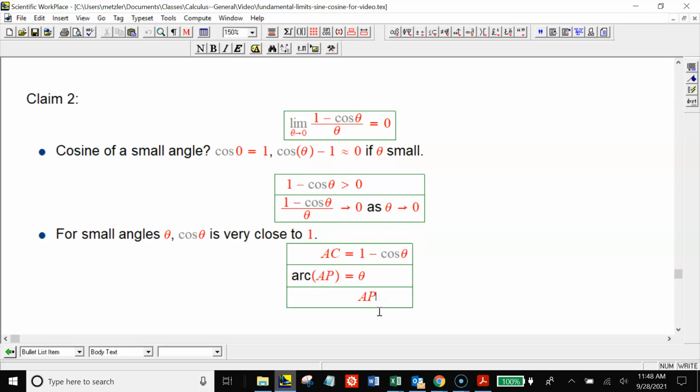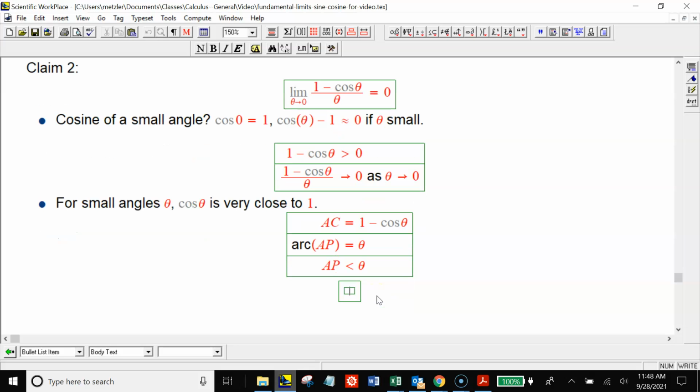All I'm going to use about AP is that it is definitely slightly less than theta, the arc distance. That's the straight line distance. This is the circle distance. That's going to be less. And then the only other thing we need to know is that AC in that picture, I'll come back to the picture in a second, is AP sine beta.